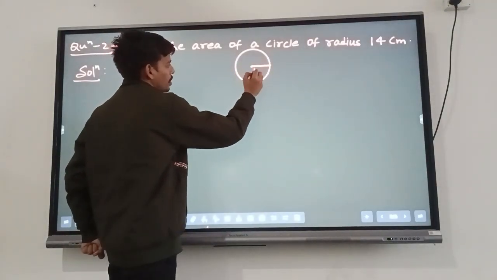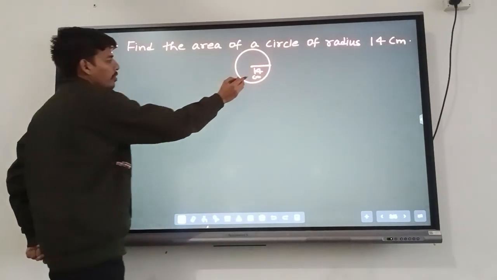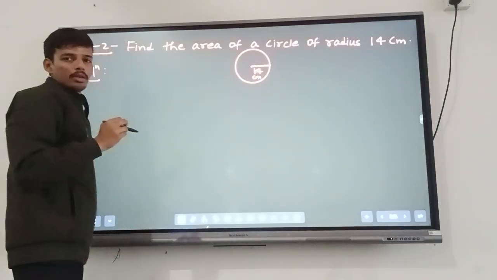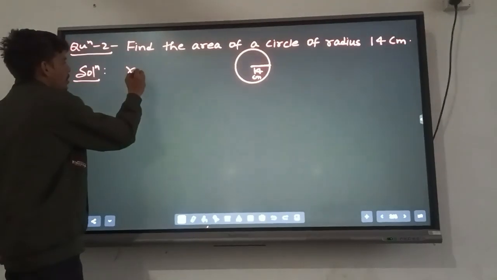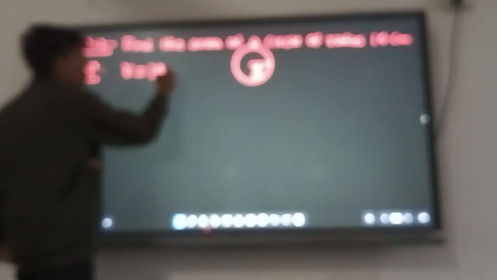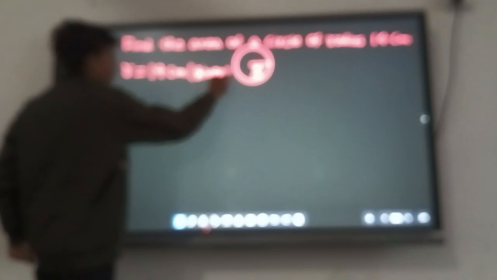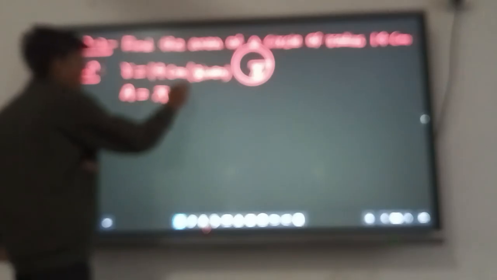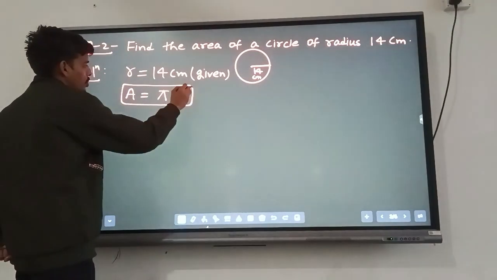Now we find area of the circle. Area means the inner part. R equals 14 centimeter is given, and we find area. Area equal to pi r square. Area of circle equal to pi r square.